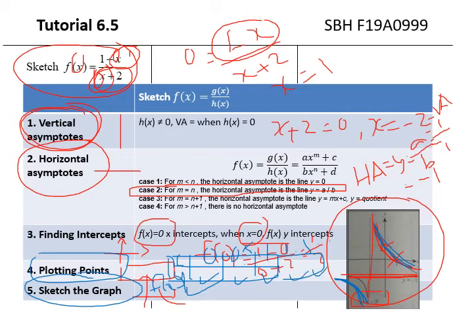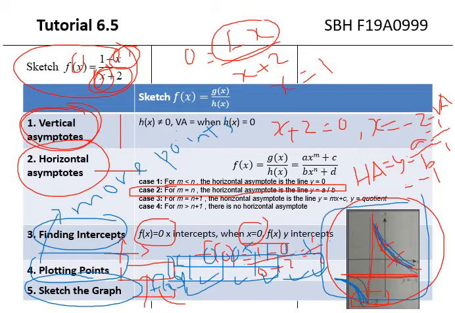It helps us to make more points. But for this case, the intercept points are sufficient for us to draw the rational function graph here.